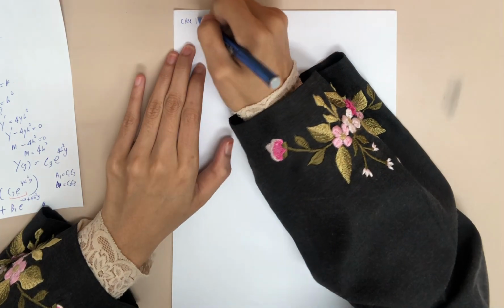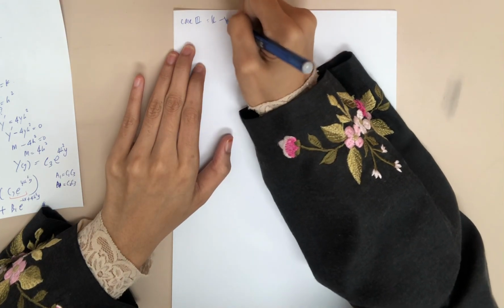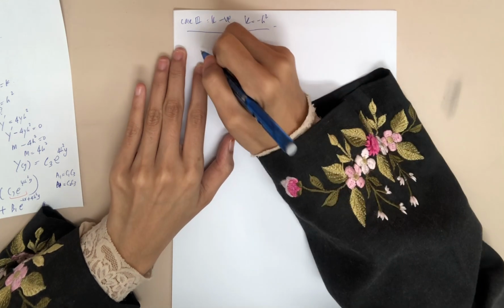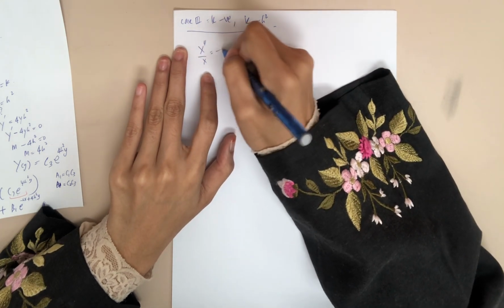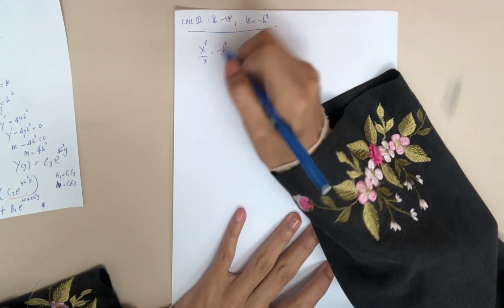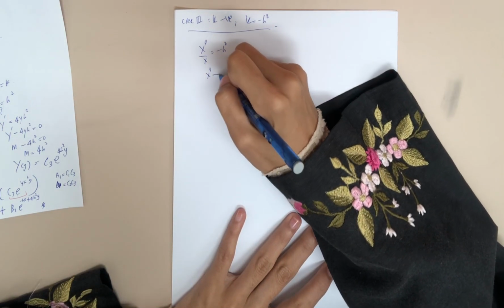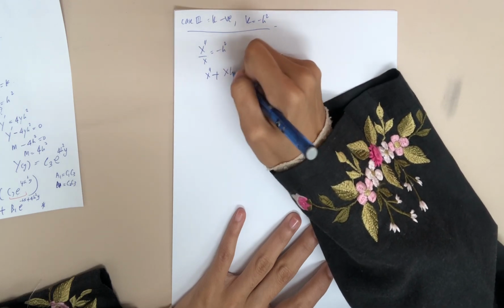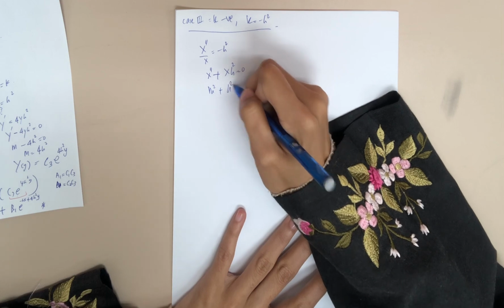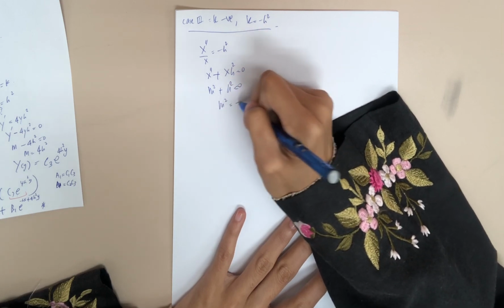Next, case number 3 is when your k is negative, which is k equals negative lambda squared. So you have x double prime over x equal to negative λ². So x double prime plus λ²x equals 0. So m² plus λ² equals 0, m² equals negative λ².